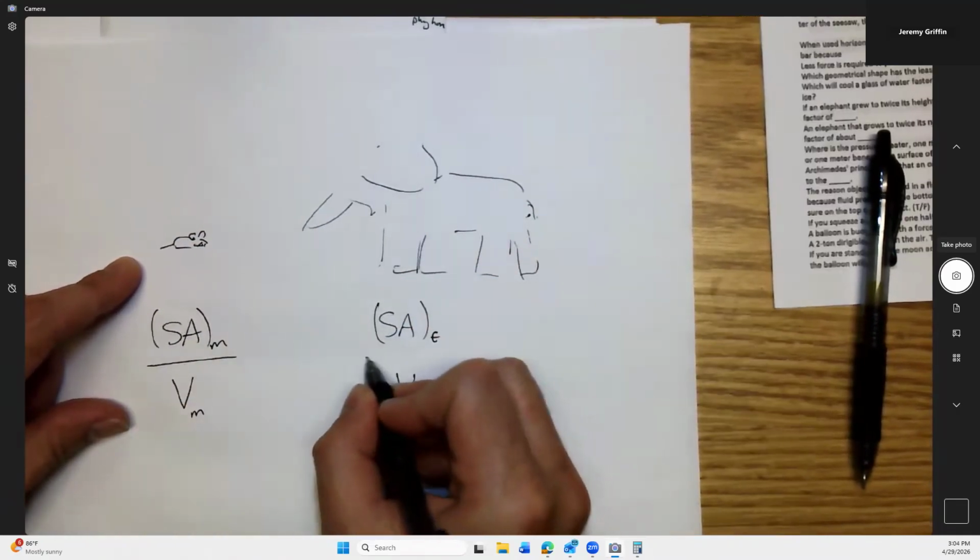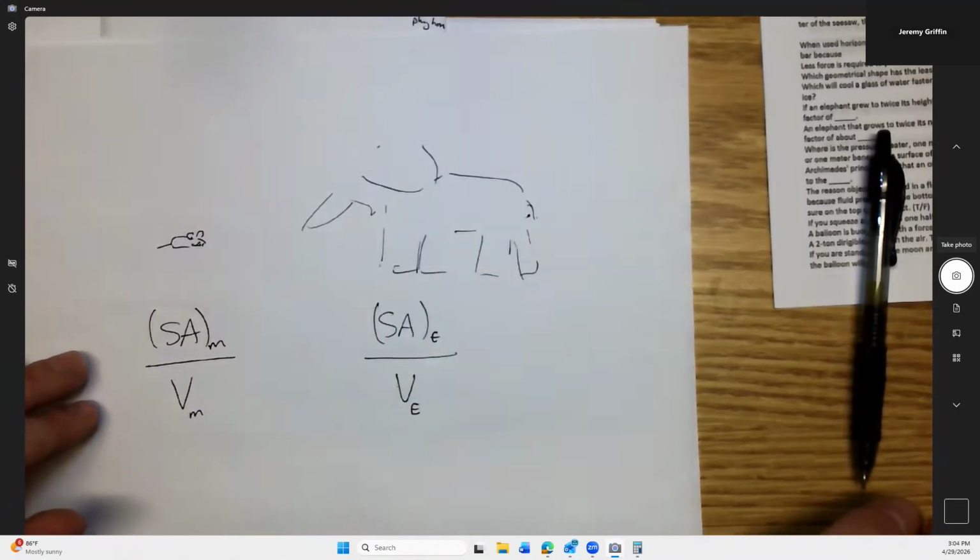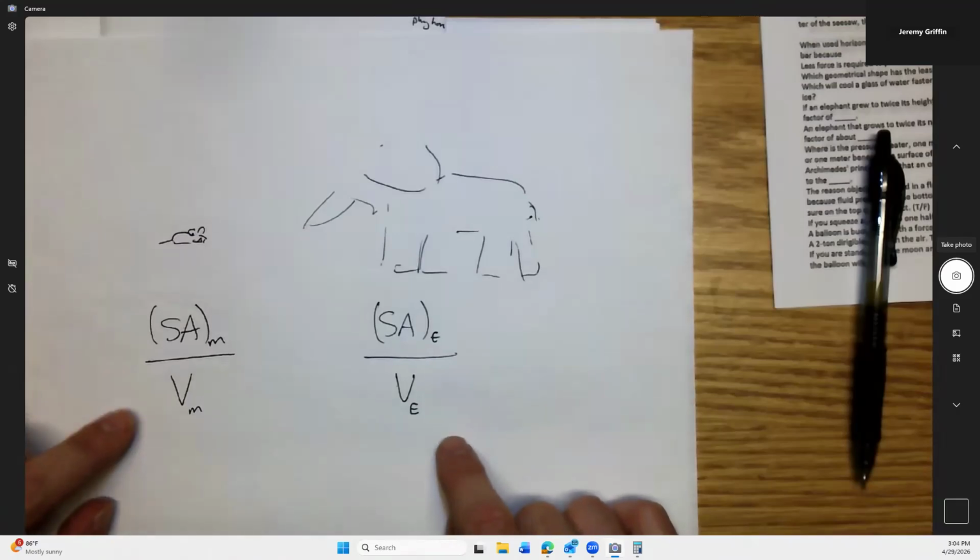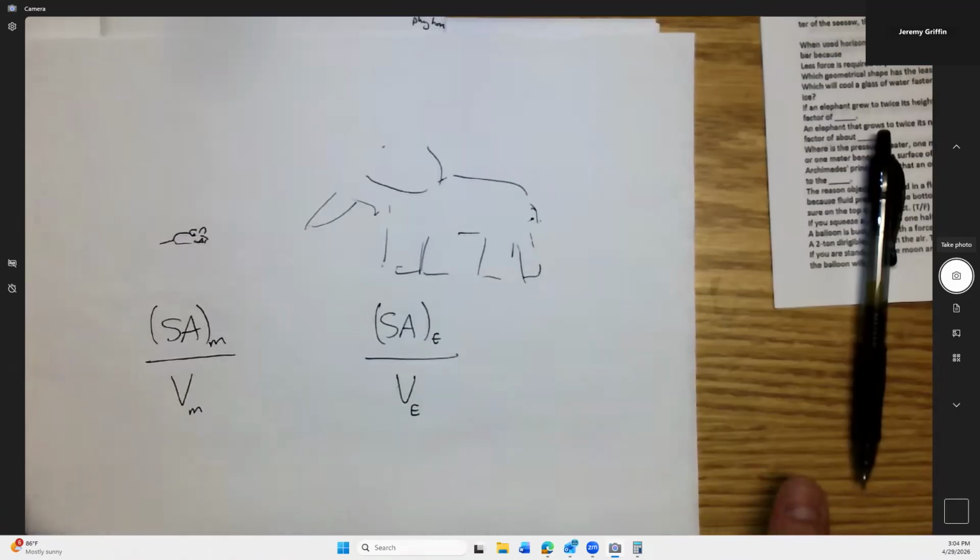What if you take that ratio, the ratio of surface area compared to volume? Do you guys get that, surface area compared to volume? Which ratio is the bigger ratio, the mouse or the elephant?